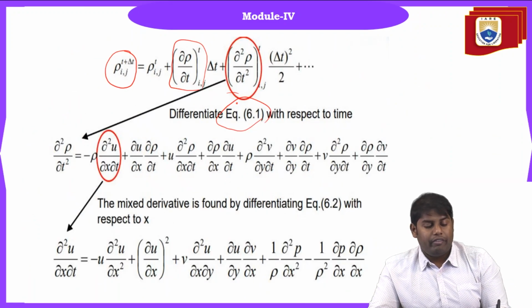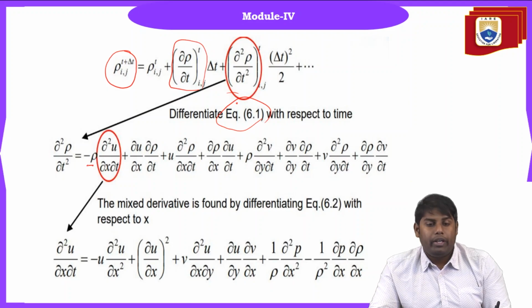When we differentiate, we get ρ ∂²u/∂x∂t. This is called a mixed derivative.